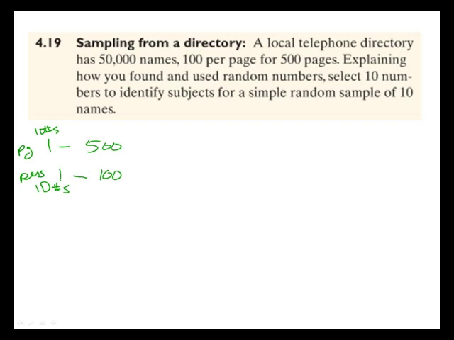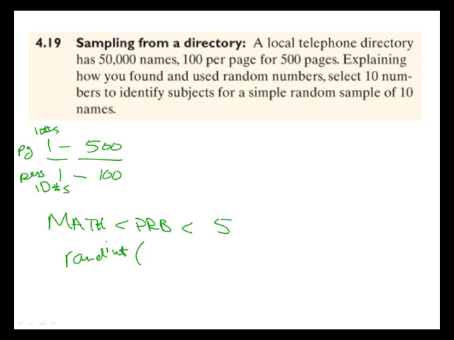And then you could use the random number table to do that. You could also use your calculator to do random numbers. So your calculator function is math PRB. So you click on the math key and then select PRB and then select option 5, and it does randInt.